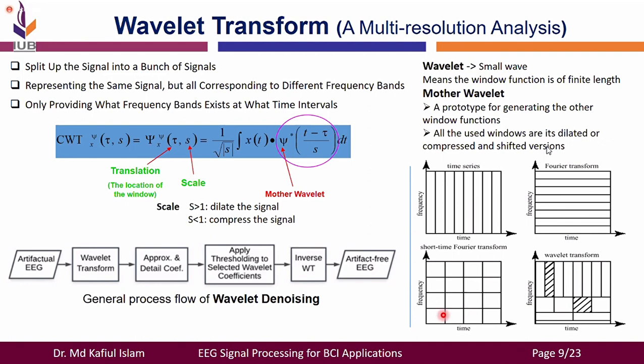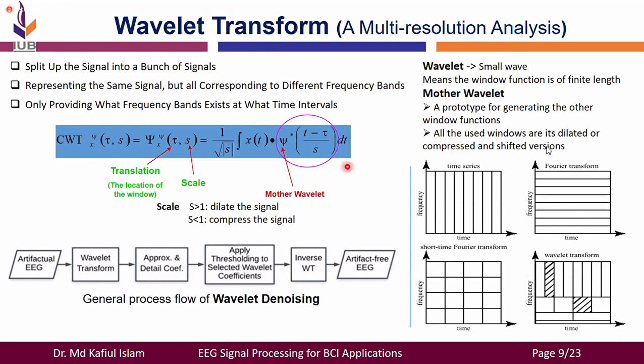But for a signal like EEG, which concentrates more on the low frequency region, we need high frequency resolution in the low frequency region and vice versa. Wavelet transform exactly provides this kind of resolution. It provides better frequency resolution in the low frequency region and relatively lower frequency resolution in high frequency components. So this is something that can be used.